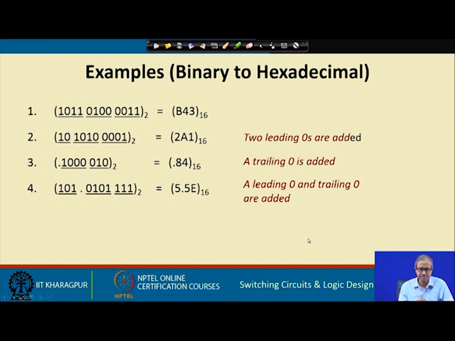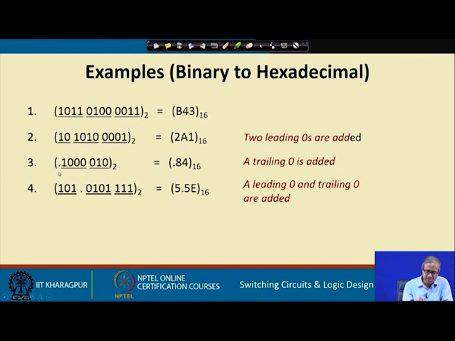Take some examples here. This is a binary number. 1011 is what? 8 plus 2 plus 1, that means 11. 11 means the digit B. 0100 is 4. 0011 is 3. This is the hexadecimal equivalent. 16 indicates hex. Similarly, this number you scan from right to left. 0001 is 1. 1010 is 10, and 10 means A. Then add 2 zeros, 0010 is 2.